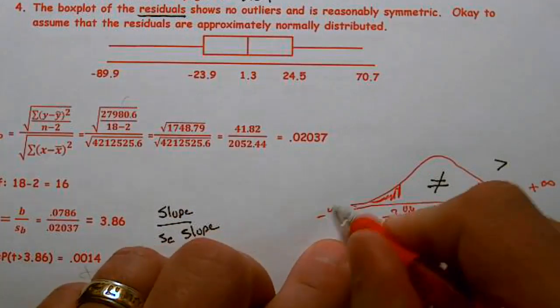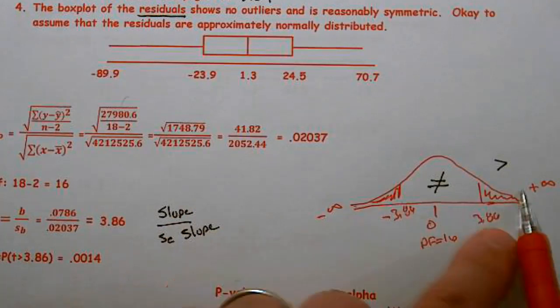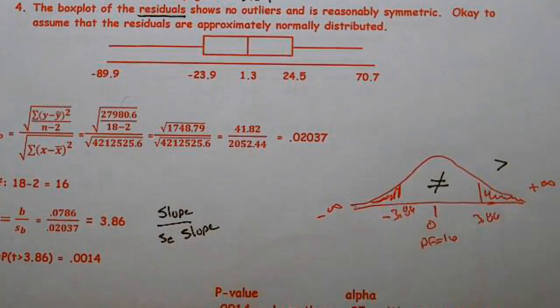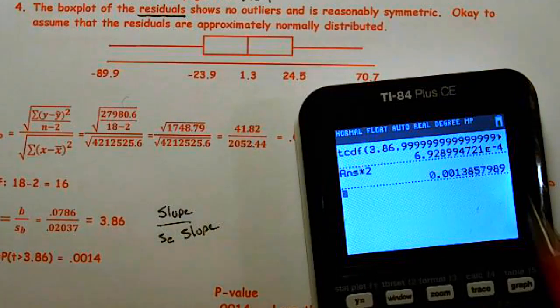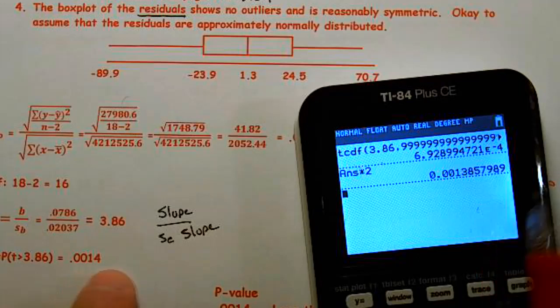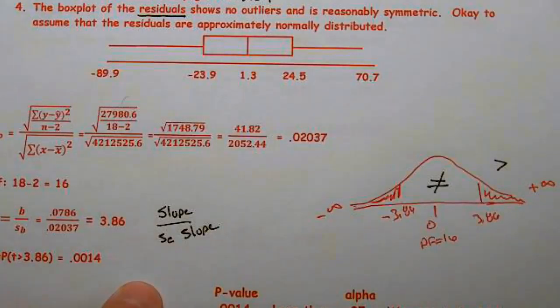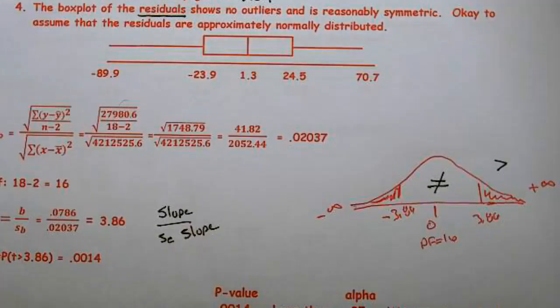So we need to be able to go this way. Well, I can calculate this, but since it's symmetric, I can just multiply by 2, and I get 0.001385, or rounding to their 0.0014. I would definitely make sure that I know to double this and how to calculate my p-value.